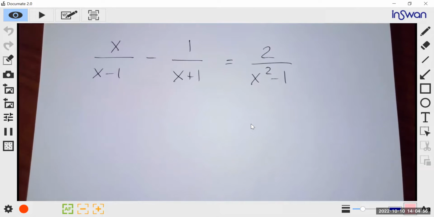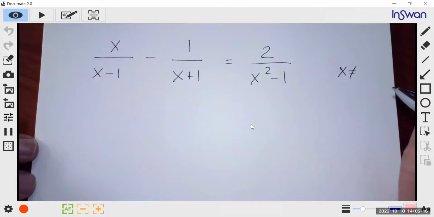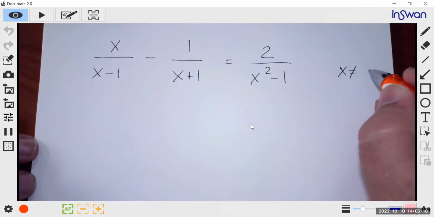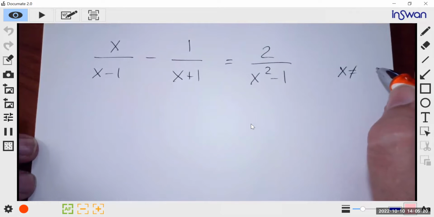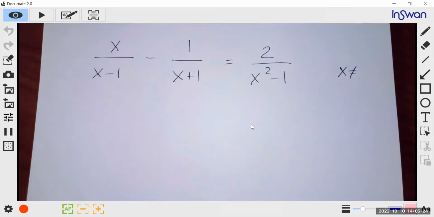What x's can I not use? Give me a number I can't use. We just talked about it 5 seconds ago. 0. What equation did you use to get 0? Yeah. So what x's can I not use?